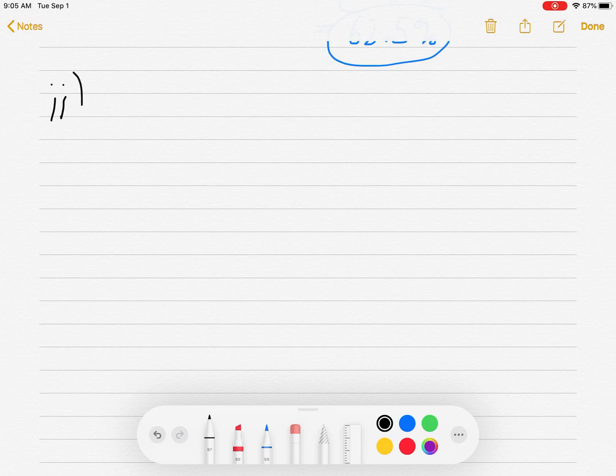Number 2. Let's say we want to find the percentile rank of something else.